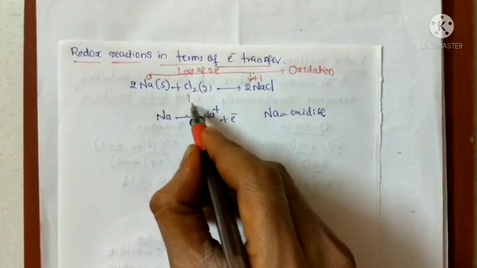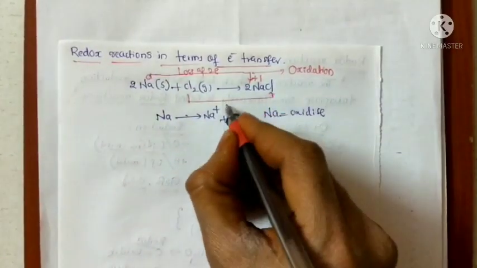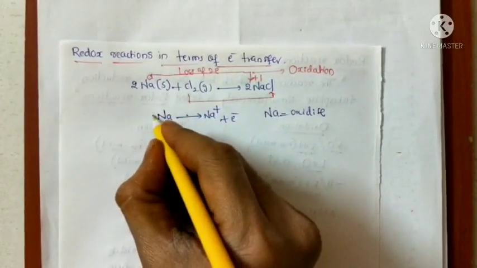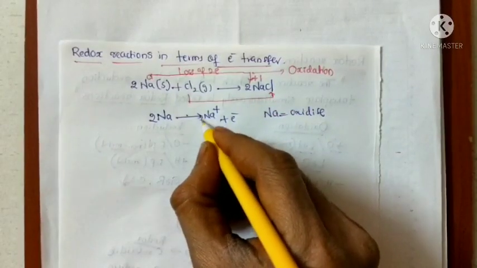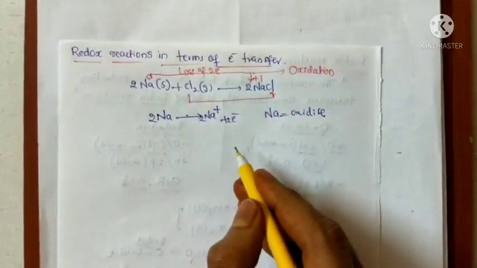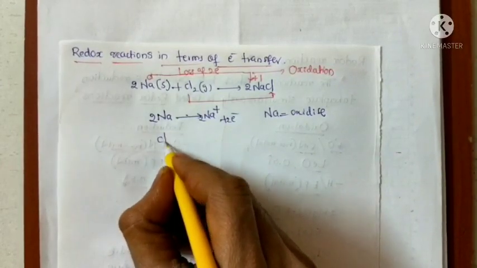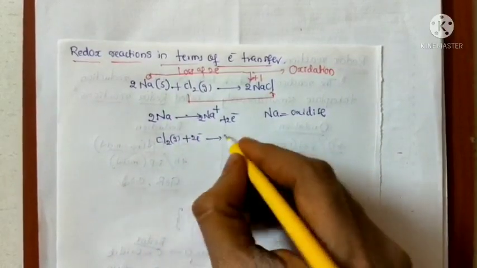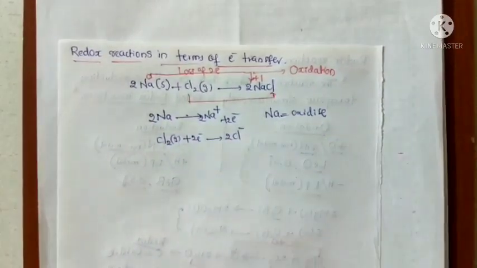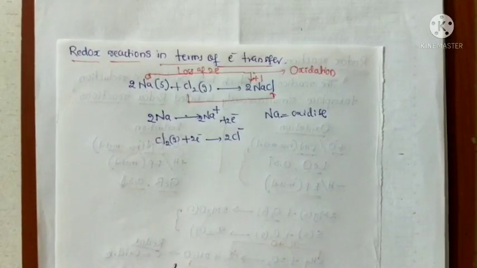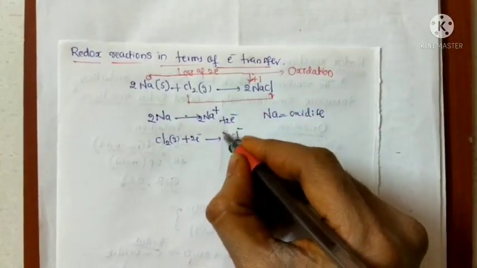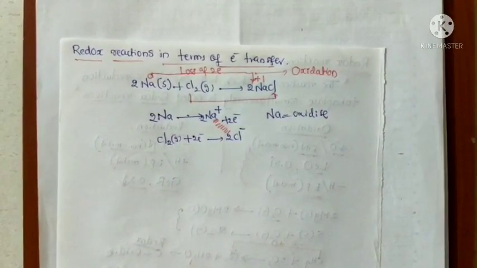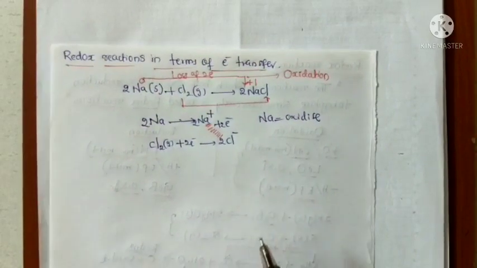Next, the chlorine is gaining 2 electrons. Sodium metal is converted into 2 moles of Na plus ions, so 2 electrons are lost. Now the chlorine gas accepts the 2 electrons and is converted into 2Cl minus ions. Now these positive and negative ions attract each other.